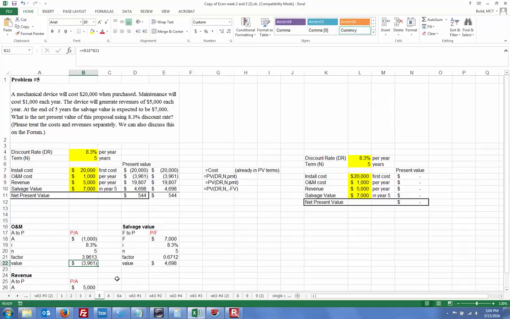But I think the idea is if you've got the 5,000 and you're actually able to invest it at 8.3, good luck with that. You're making money, so you only need $3,961 right now in order to pay $1,000 per year because you've got it invested at 8.3.